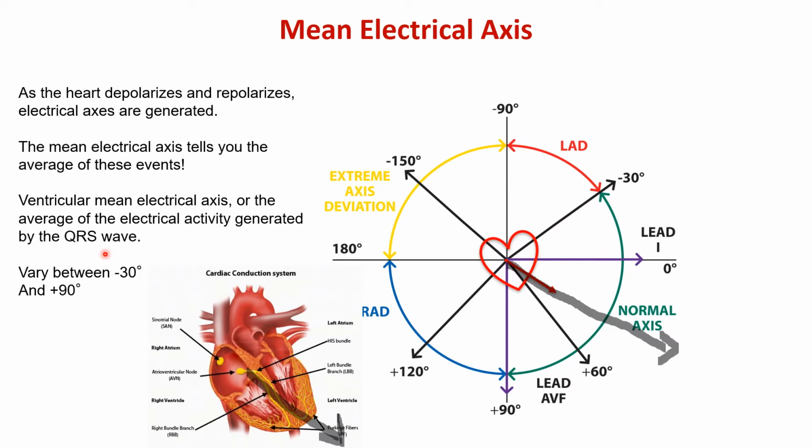Let's go ahead and discuss together how you can determine the direction of your mean electrical axis or your mean cardiac axis, but normally it should be anywhere in between -30 degrees to 90 degrees. So if it's anywhere in here, we usually refer to it as the normal axis.